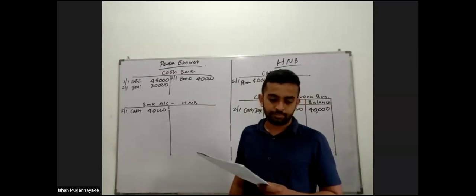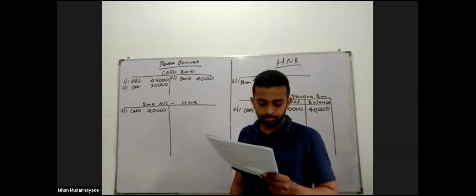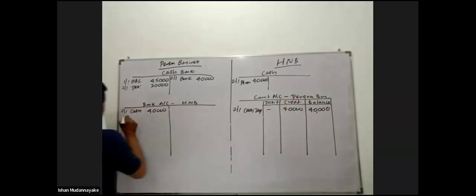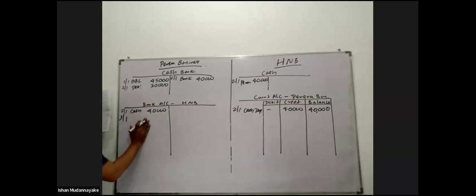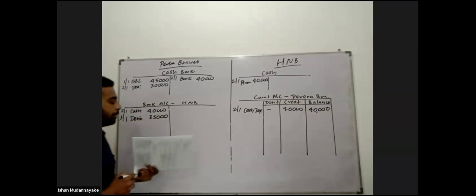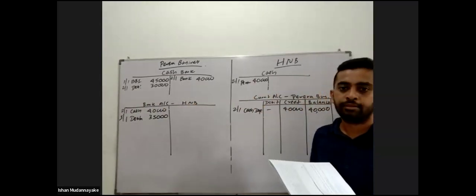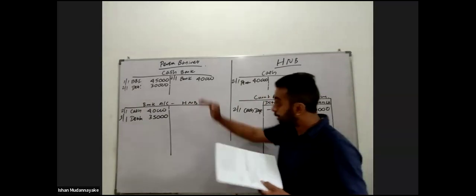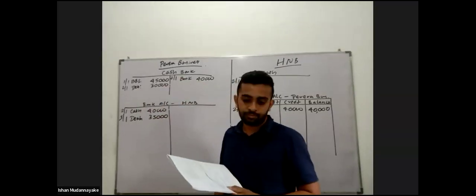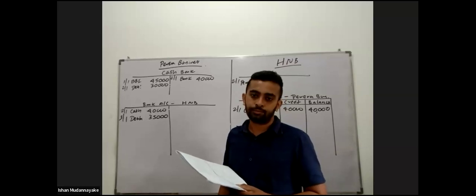On 3rd January: bank account debit, debtors account credit, 35,000.